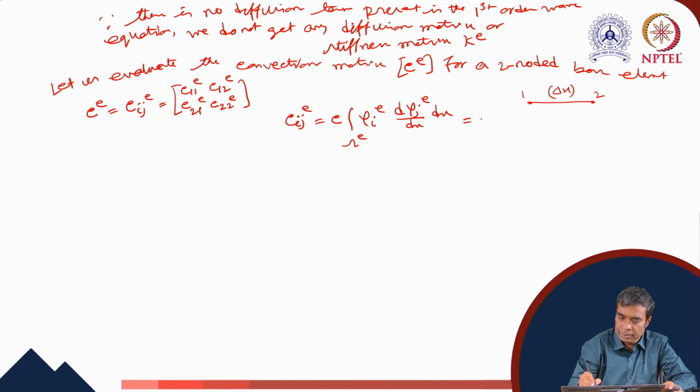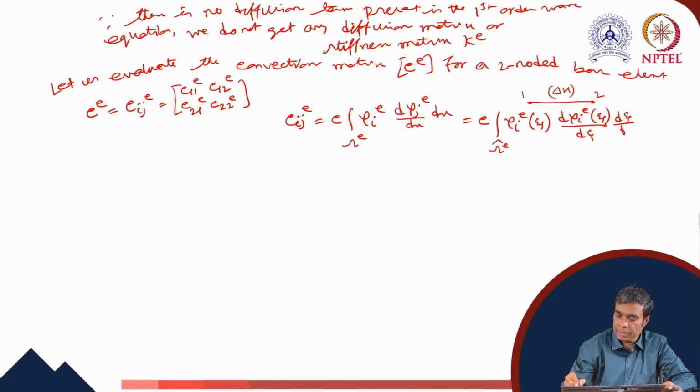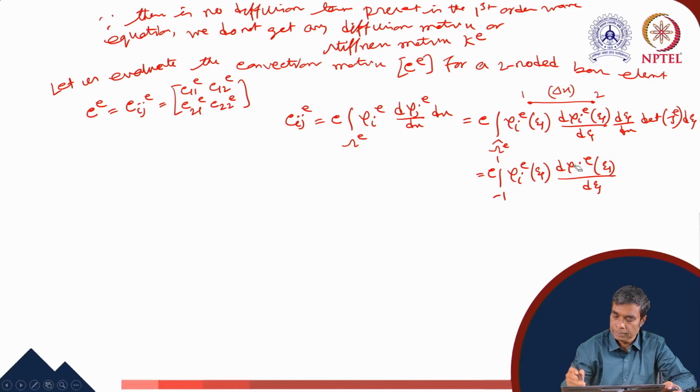We can write this expression as C times the integration over omega e of psi ie of xi d psi je of xi over dx, times the determinant of the Jacobian d xi, which equals C times the integration from -1 to 1 of psi ie of xi d psi je of xi d xi, since this portion is equal to 1.